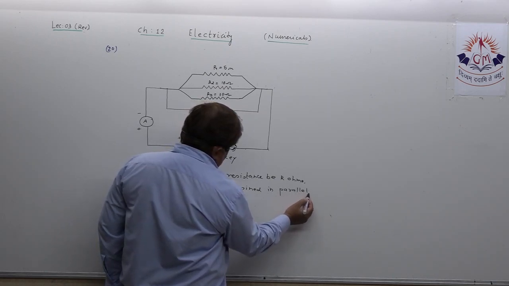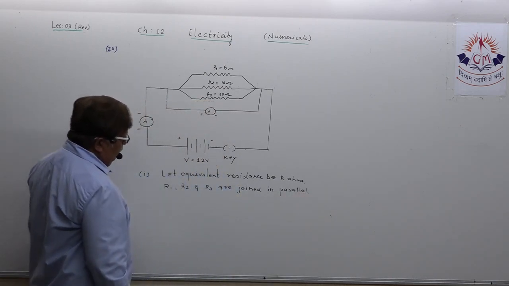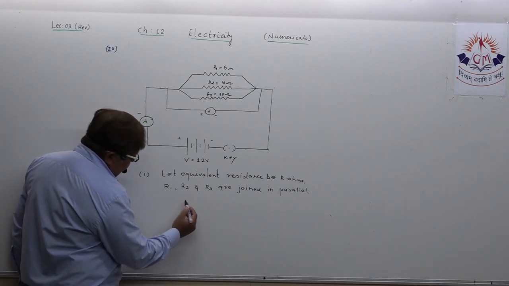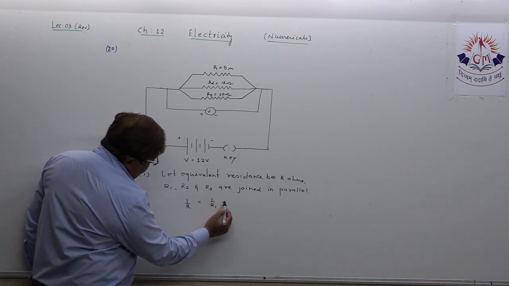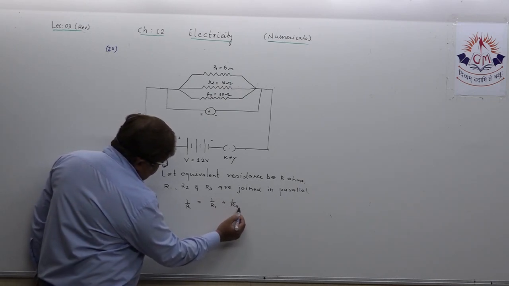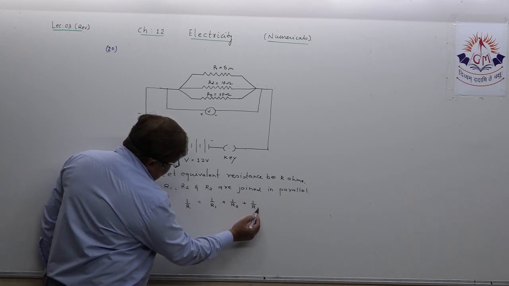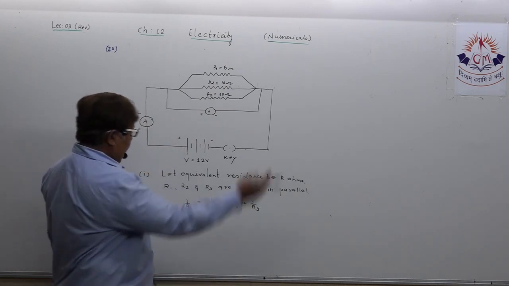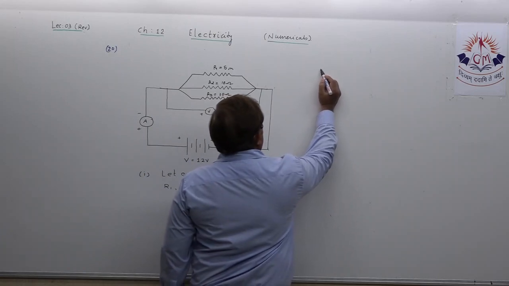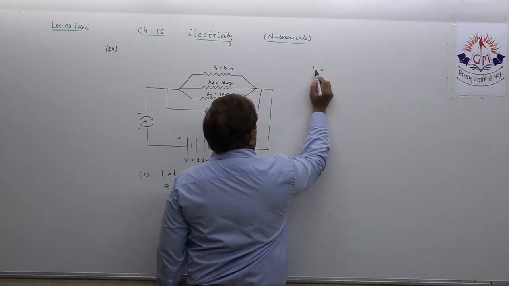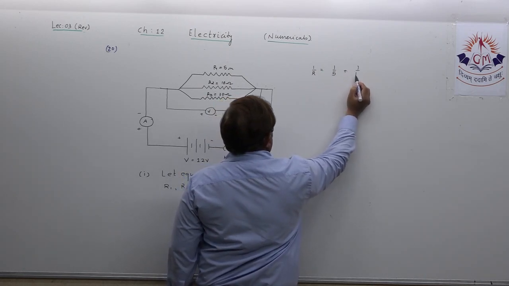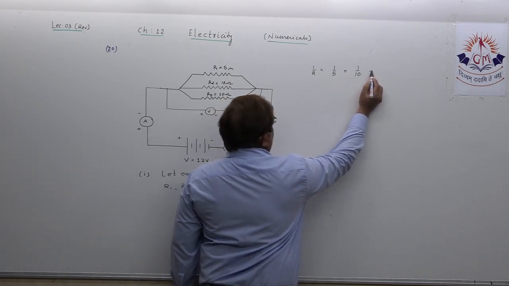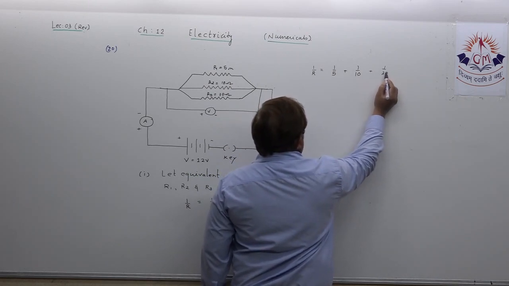Joined in parallel. You know the formula for parallel connection. 1 upon R equals 1 upon R1 plus 1 upon R2 plus 1 upon R3. We just carry it out here. So 1 upon R equals 1 upon 5 plus 1 upon 10 plus 1 upon 30.